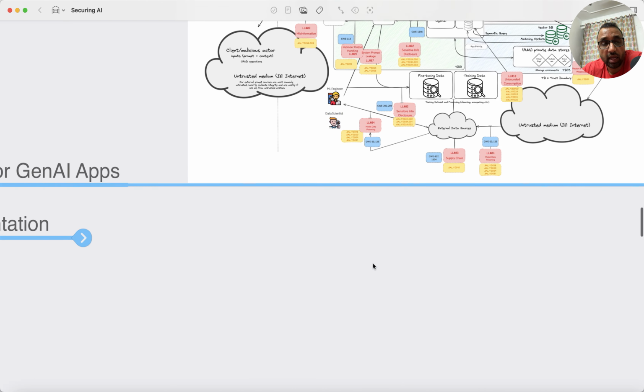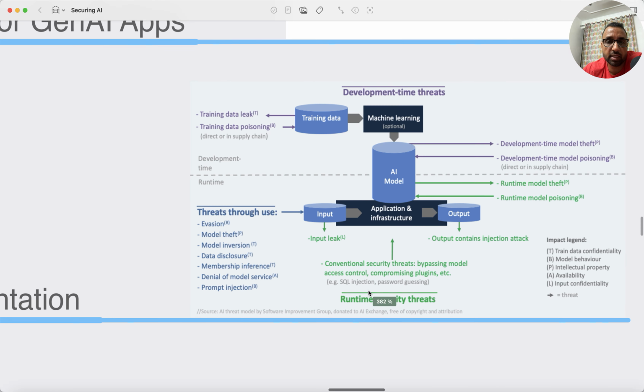Another version that I've seen, which I found much easier and explained clearly, is based on the development time threats versus real time threats. So this is essentially the build, deploy, run cycle. And if you remember my CNAPP podcast, that's how I've understood and explained the concepts on threats. So you are building an AI application, so there's a training process involved, and then there are developers involved.